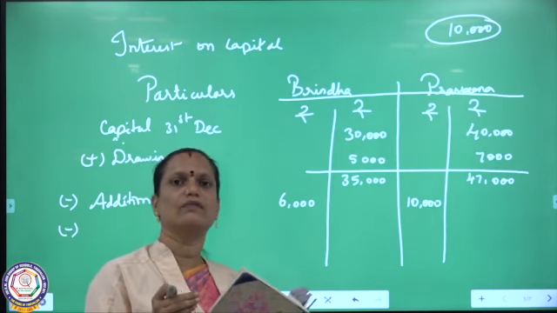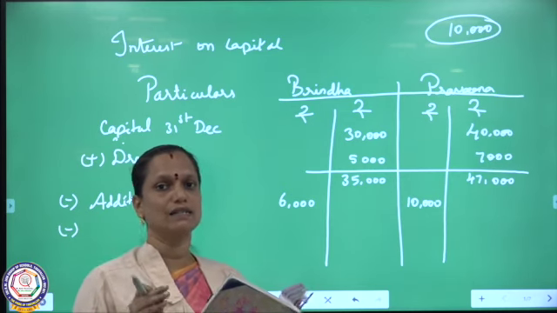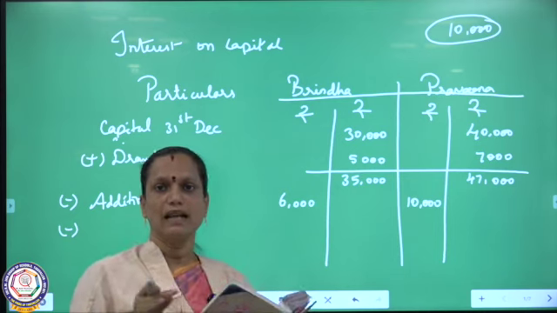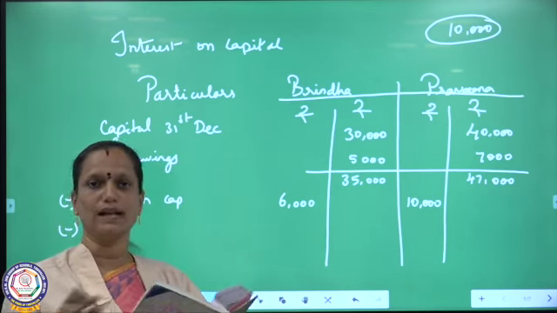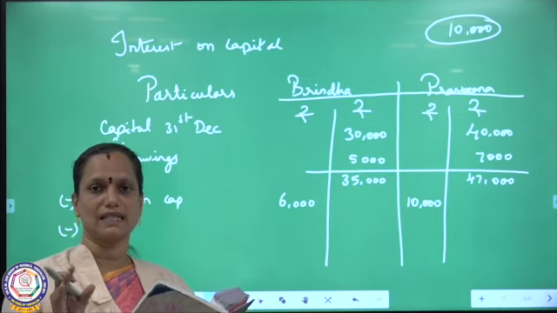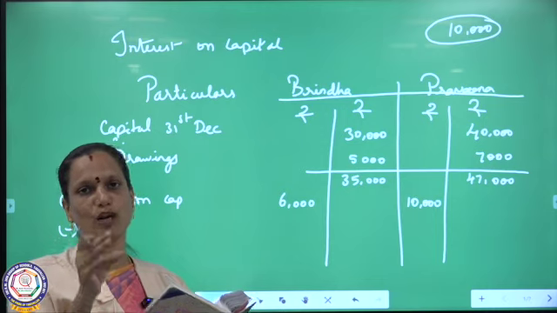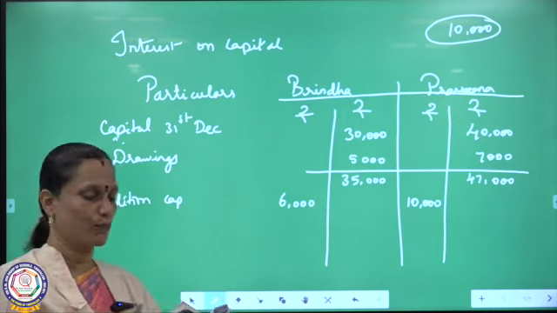If one partner is asked, he will say go and ask the other partner, and the other partner will say go and ask the first partner, like that they will say. So, to avoid misunderstanding in future, the firm is keeping a particular amount for reserve fund. So, that amount they have given here, 10,000 rupees.